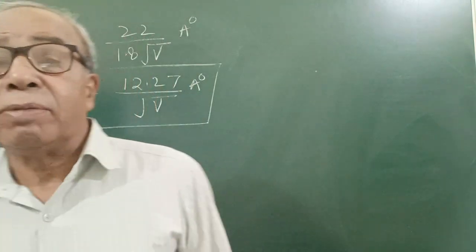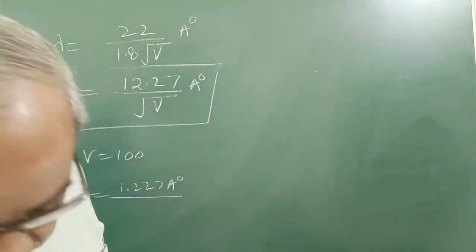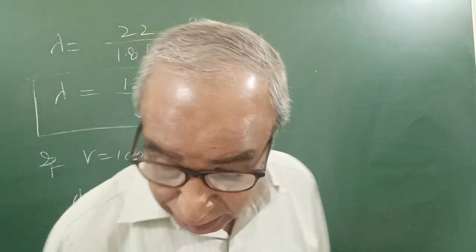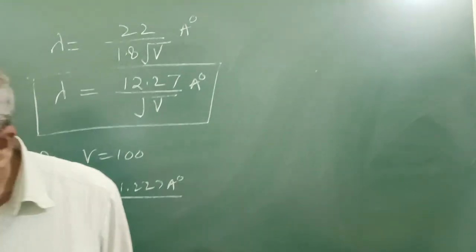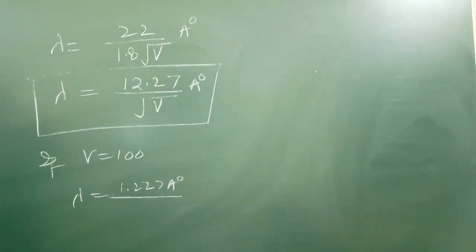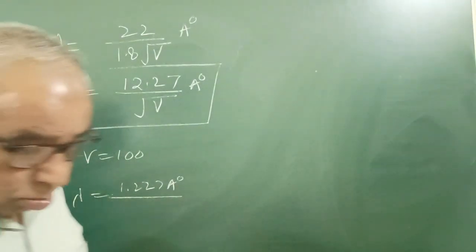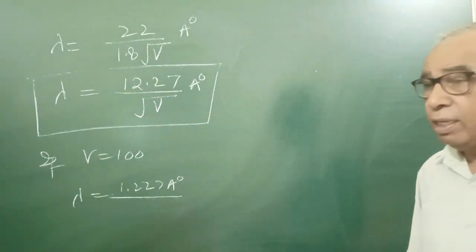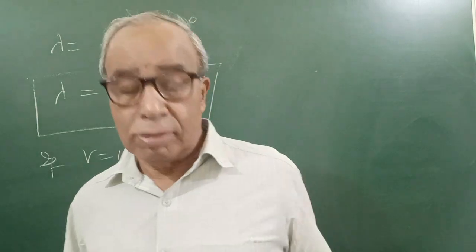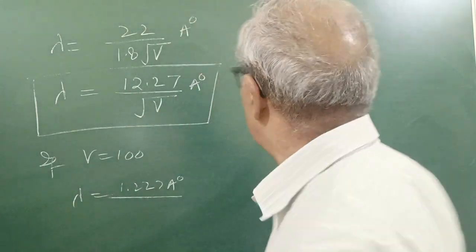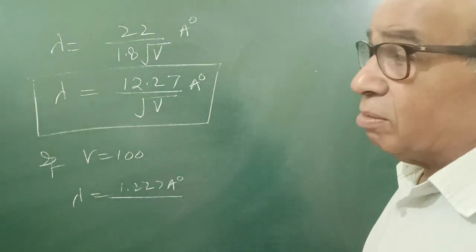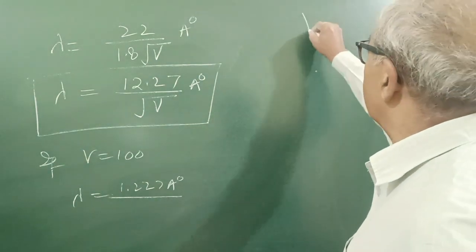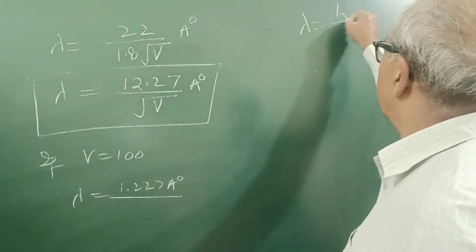And my dear colleague was not sure, and I tell you frankly, I was also not sure, because whenever we studied, we were limited only up to h upon p.